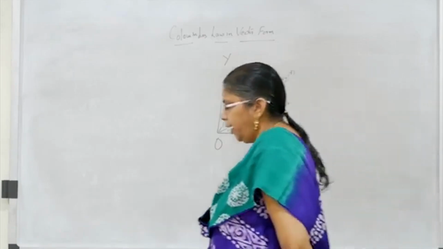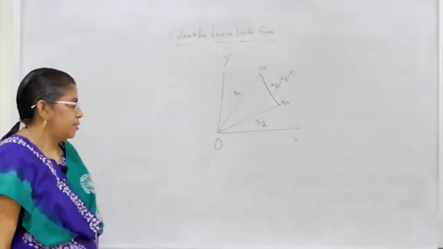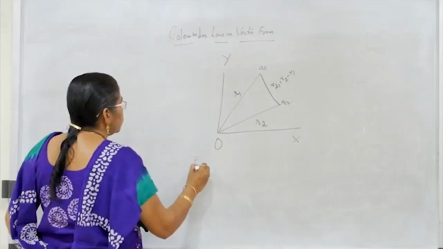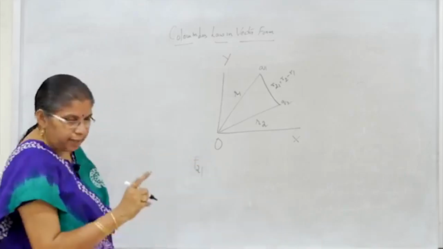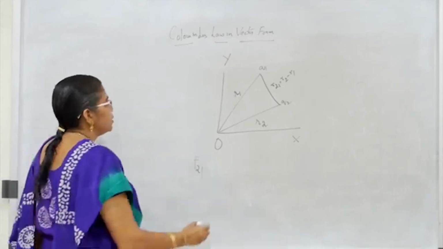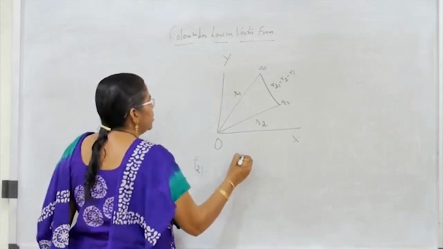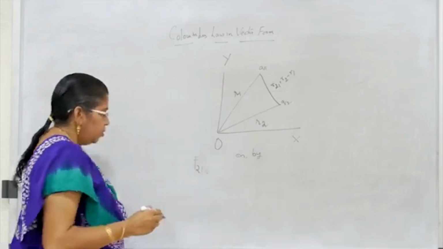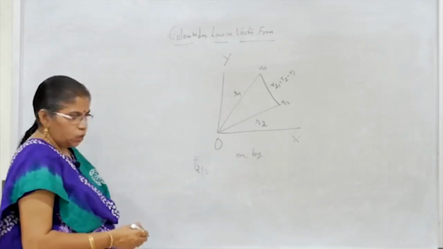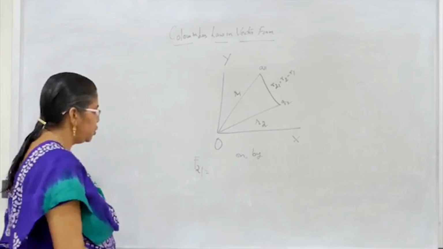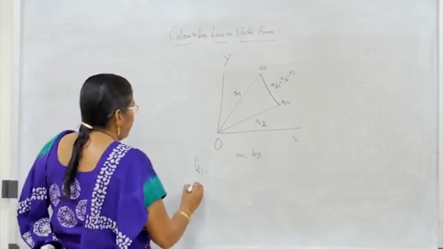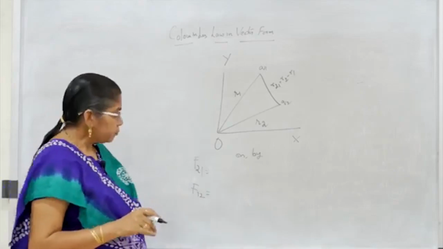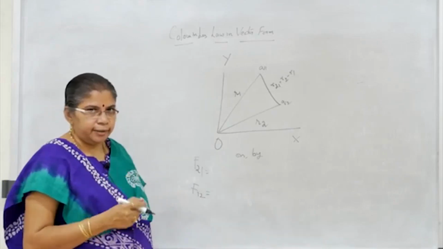Now I have two types of forces here. F21: the first number represents on, the second number represents by. So this is F21, the force on the second due to the first charge, and F12 is the force on the first charge due to the second.